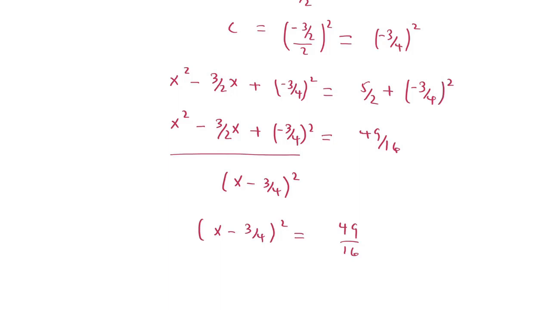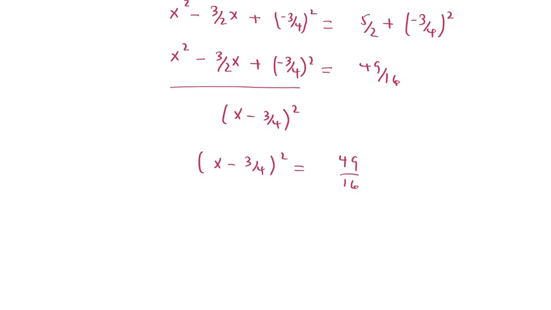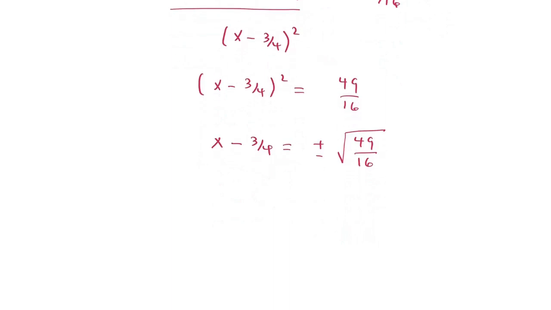Okay, so next let us apply the root both sides. And we have to remember to introduce the plus or minus sign for the root. Then our expression is going to be x minus 3 over 4 equals plus or minus under root 49 over 16. Of which, solving this, we are going to have x equals 3 over 4 plus or minus 7 over 4.